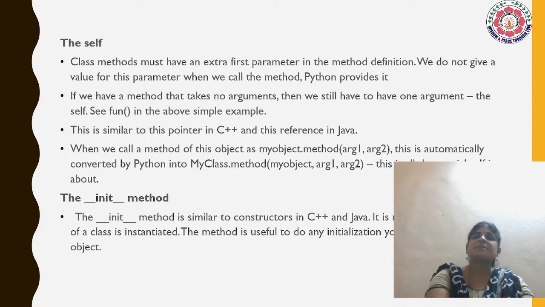All the class methods must have an extra parameter in the method definition, and we do not give a value for this; it is called the self parameter. It is similar to the this pointer in C++ and this in Java. When we call a method of this object, it is automatically converted to a Python class method, with this special self parameter. Then you have the init method.